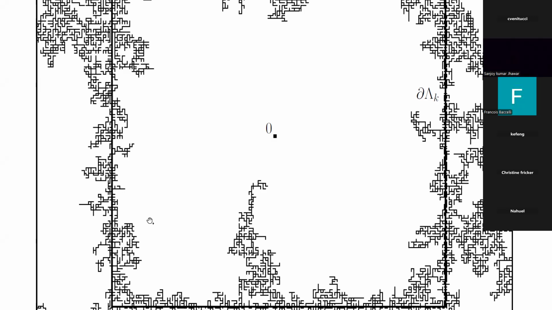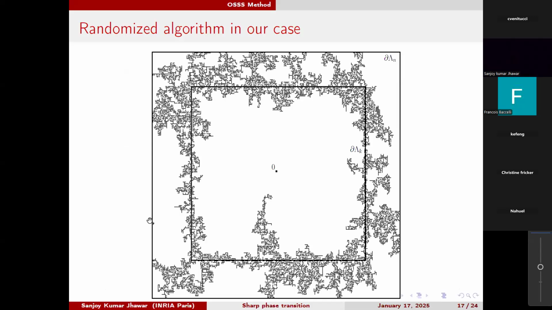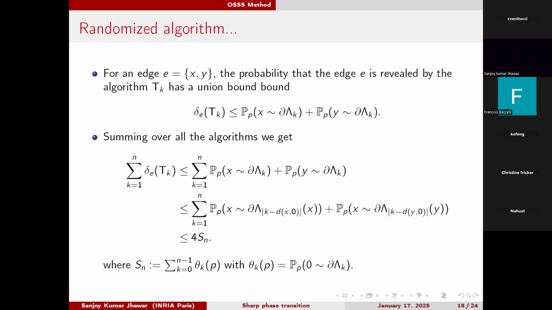The algorithm somehow gives you the connected component that intersects the boundary. Let us try to see how this algorithm and the variance inequality are giving us our result.